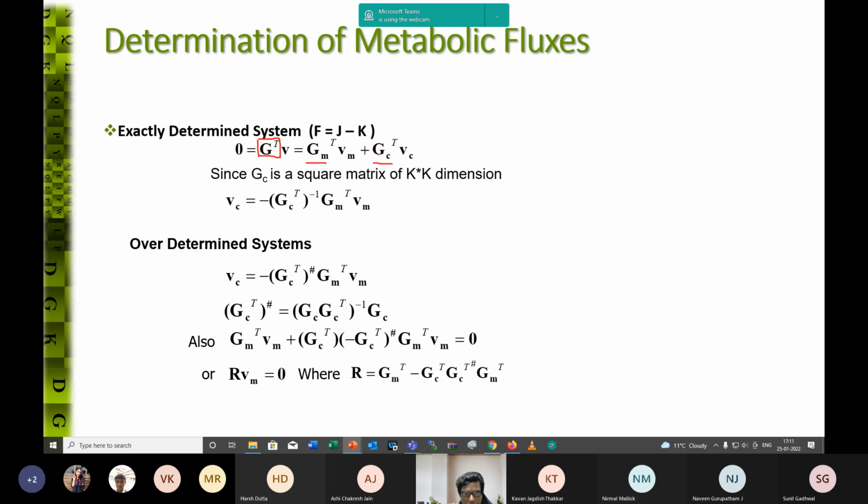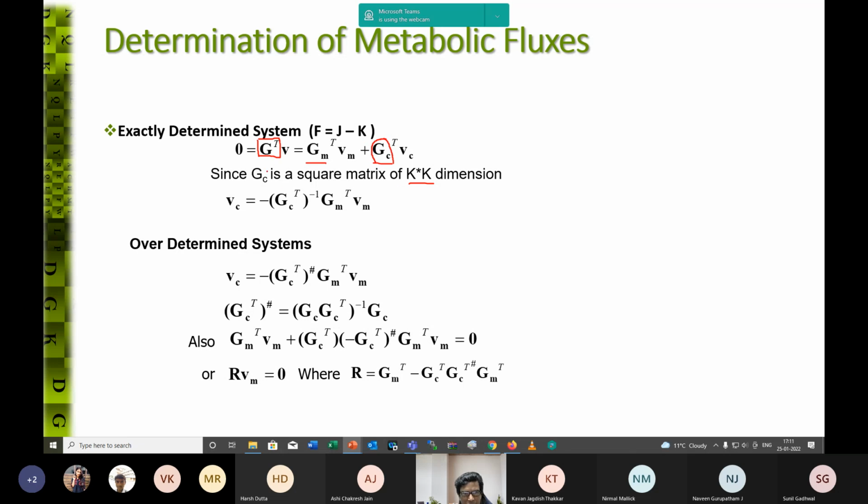This gives you a situation where this GC that you see here, because of the nature of this equation, is making this an exactly determined system, and it will have a dimension of K times K. That's because there are K variables and K such calculations that you would be able to do.